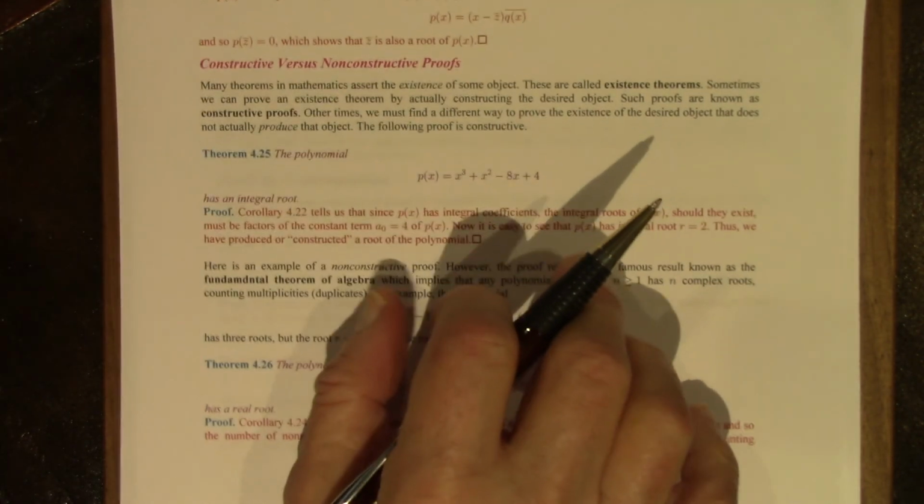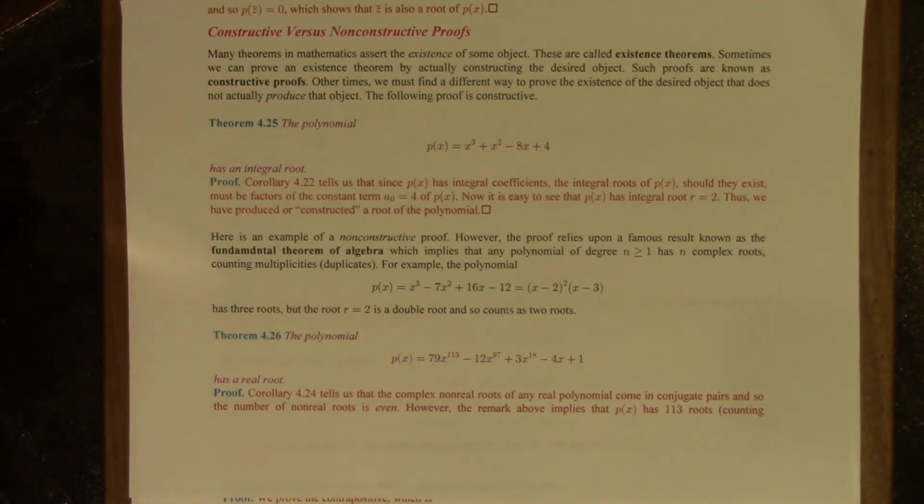Okay. Many theorems in mathematics assert the existence of some object, and these are called existence theorems. Sometimes an existence theorem can be proved by actually constructing the object that's desired in the subject of the theorem.